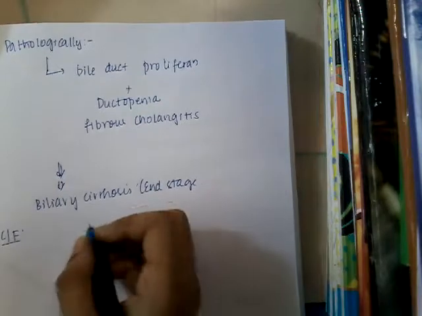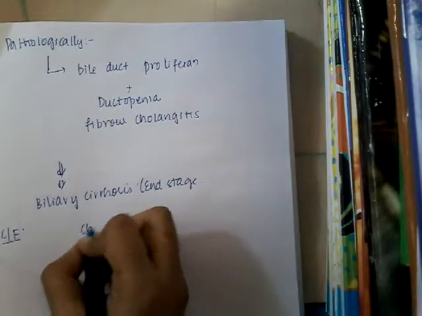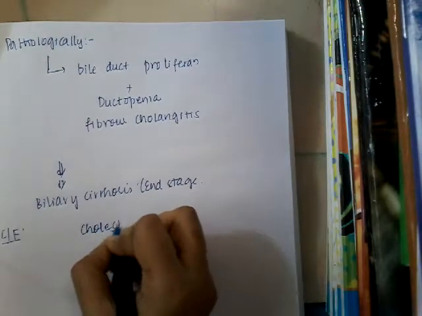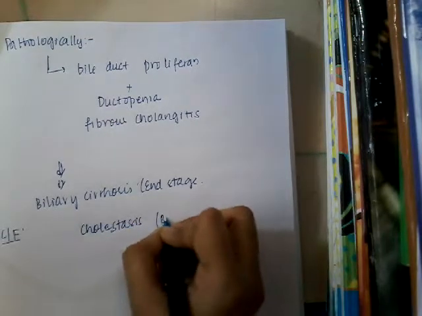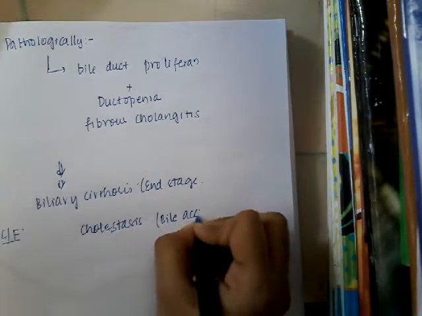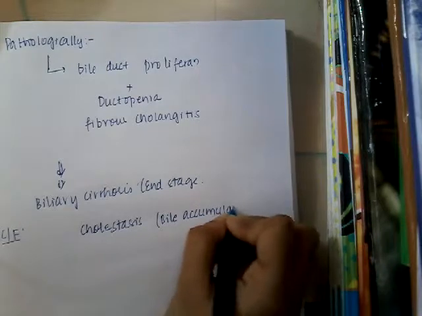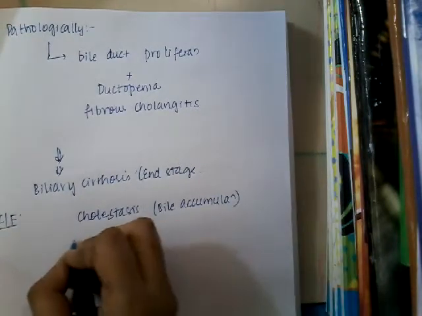The major clinical feature of primary sclerosing cholangitis is cholestasis, that is bile accumulation. Because of the fibrosis of the biliary duct, there is bile accumulation, that is cholestasis.